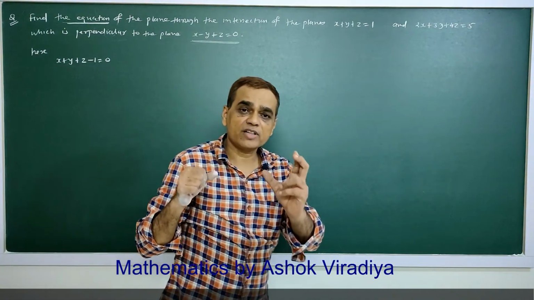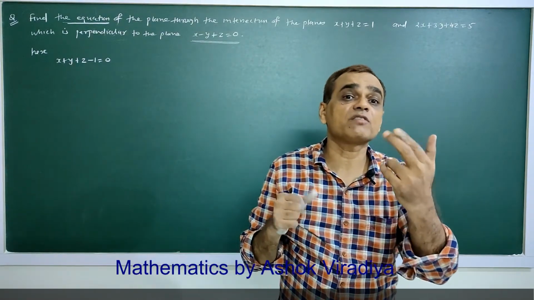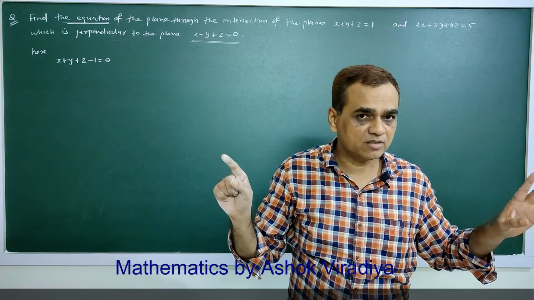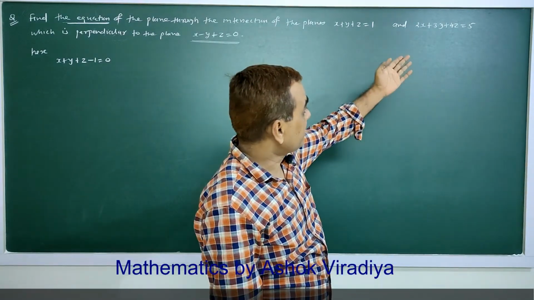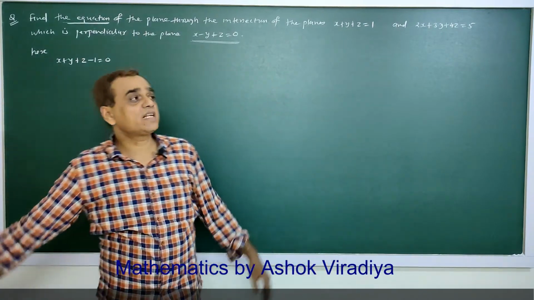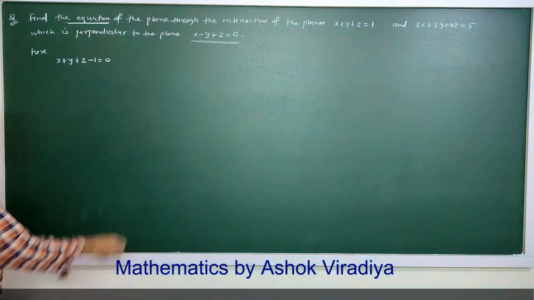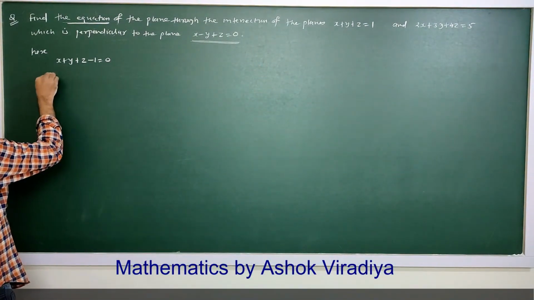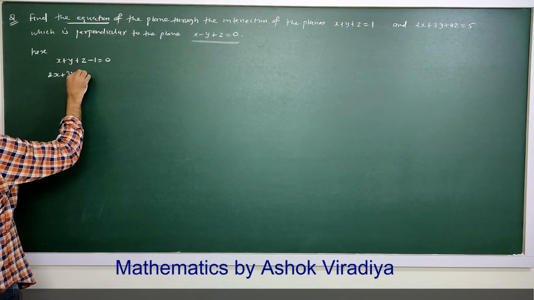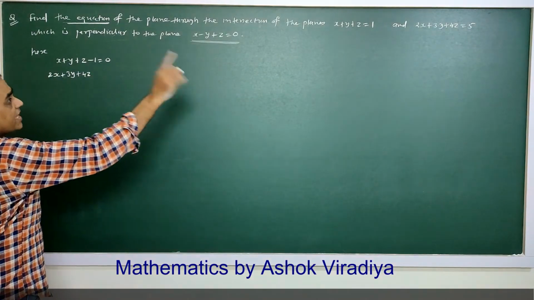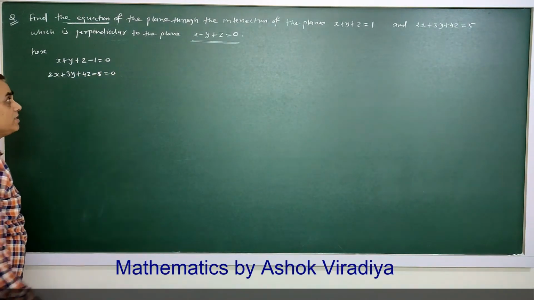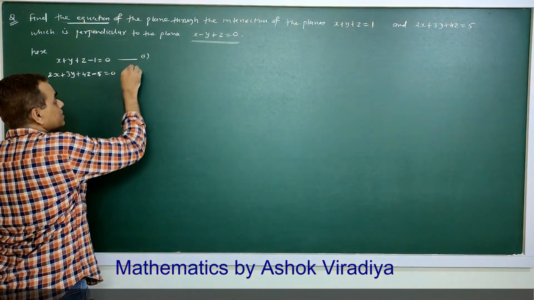The words are not "find vector equation", vector is not given. So we will find the Cartesian equation because the values are also given in Cartesian form. So x plus y plus z minus 1 is 0. The second equation is 2x plus 3y plus 4z, take 5 on this side, minus 5 equal to 0. These are the given planes.